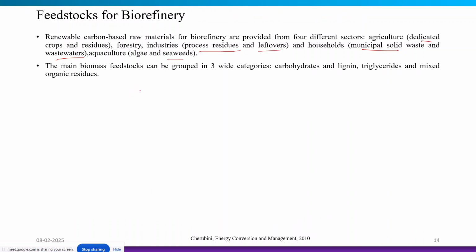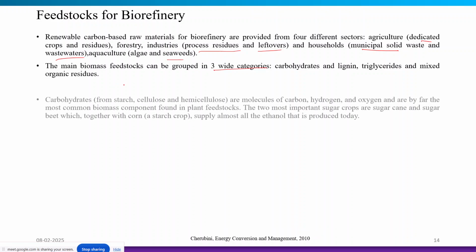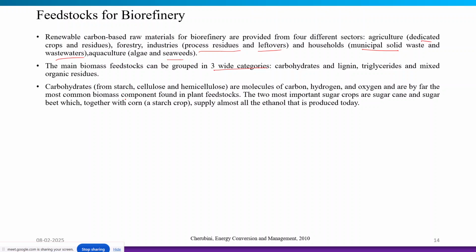The main biomass feedstock can be grouped into three wide categories: carbohydrate and lignin, triglycerides, and mixed organic residue, from starch, cellulosic, and hemicellulosic sources. Carbohydrates are molecules made up of carbon, hydrogen, and oxygen, and these are by far the most common biomass components found in plant feedstock.